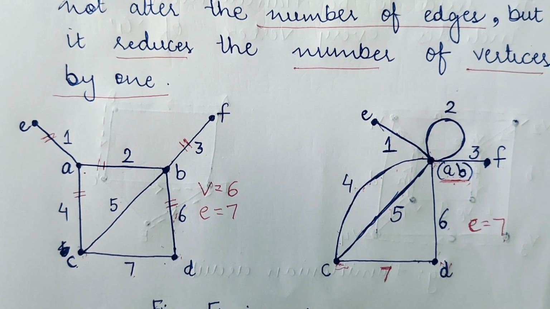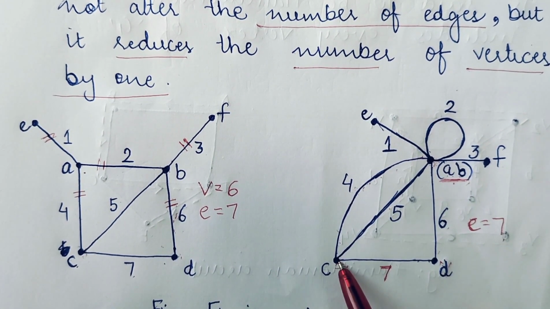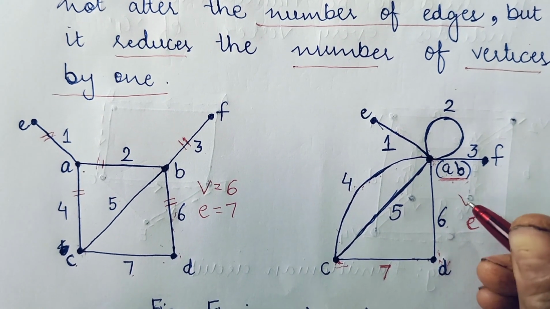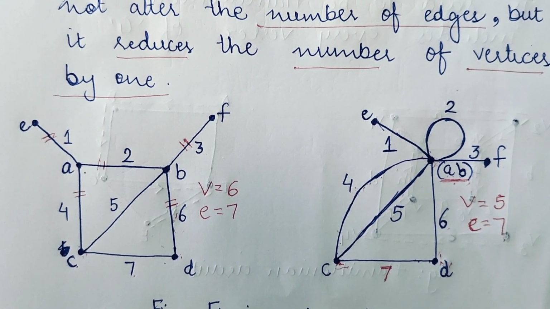So clearly the number of edges has not been altered. But of course, since you have fused two vertices into a single vertex, the number of vertices is reduced by 1. Let's see: vertex 1, 2, 3, 4, 5. So earlier there were 6 vertices, but now there are 5 vertices. So this is the fusion of two vertices into a single vertex.